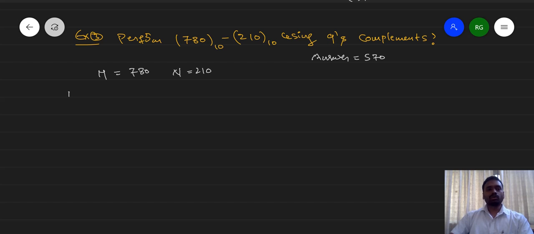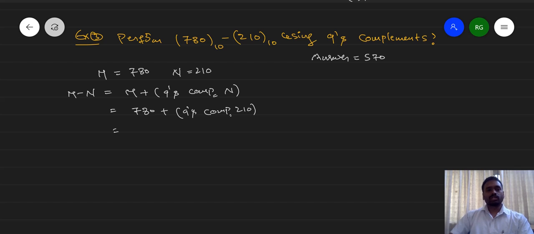So I have to do m minus n, which is nothing but m plus 9's complement of n, because it is a decimal number, right? So that is equal to 780 plus the 9's complement of 210.